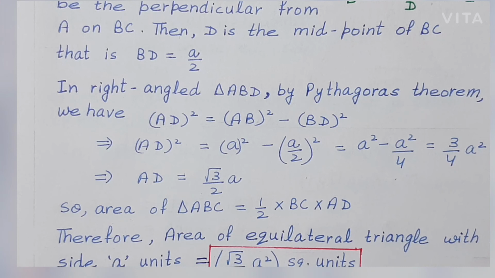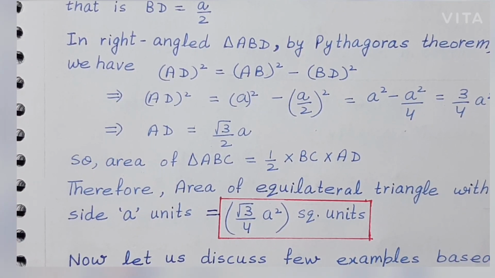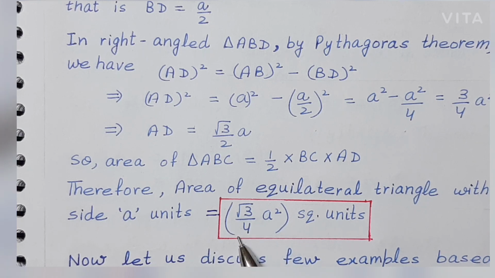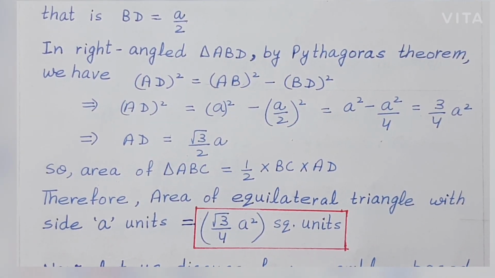So what will be the area of an equilateral triangle now? That is root 3 upon 4 a square. I hope it is clear. So students, we can directly use this formula whenever an equilateral triangle is given to us.